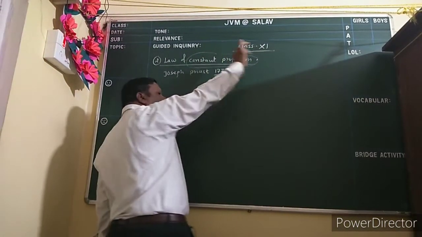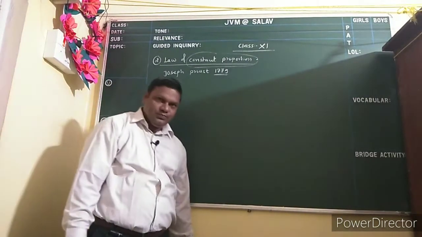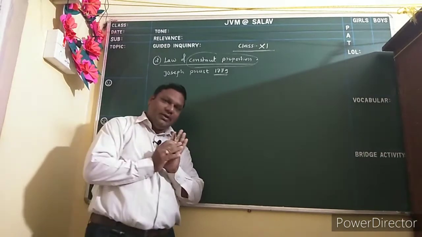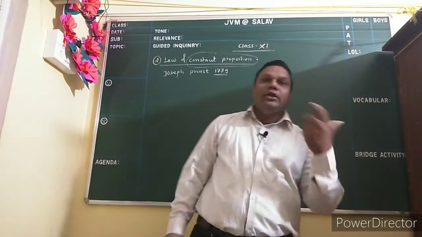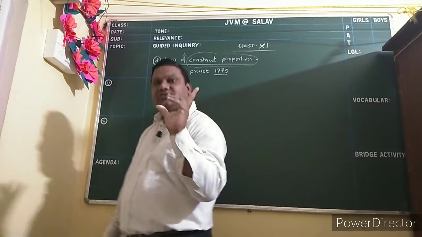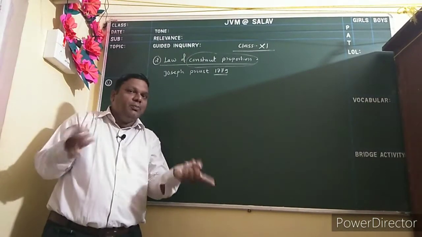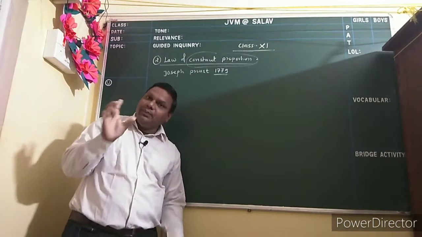Whatever the sources of these compounds, you know a compound is made up from two different elements, understood? And a molecule is made up from two similar elements. So when these two different elements mix with each other, you will get compounds.